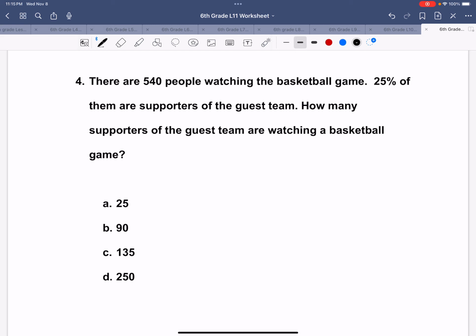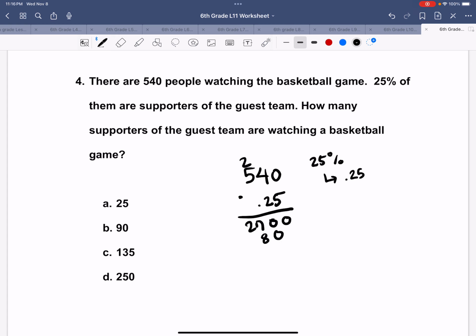Number 4, there are 540 people watching the basketball game. 25% of them are supporters of the guest team. How many supporters of the guest team are watching the basketball game? So 540 people, and only 25% of them are supporters of the guest team. So we'll turn that into decimal form, which is just 0.25. And we'll multiply 540 by 0.25.